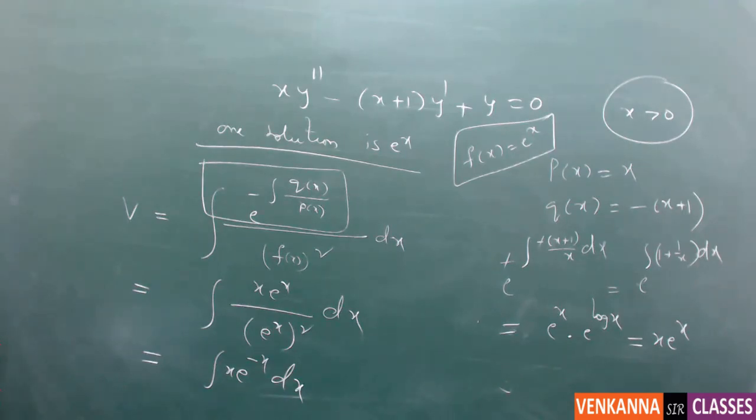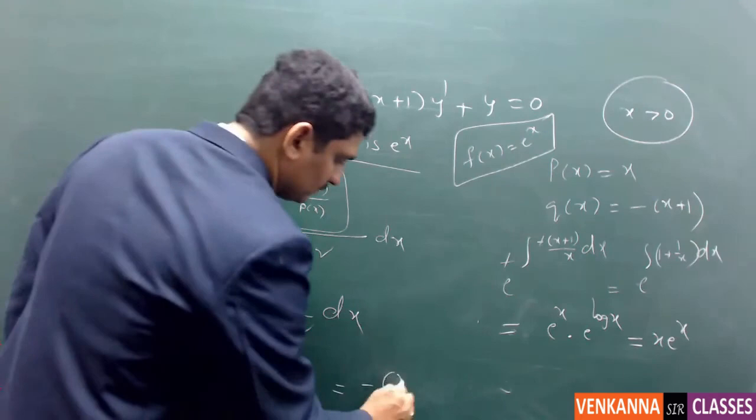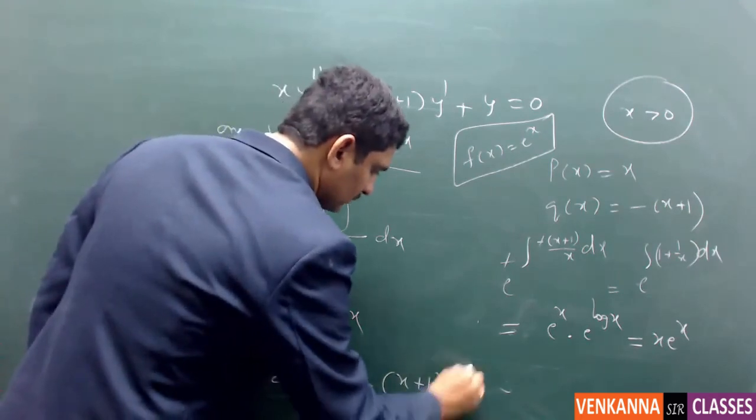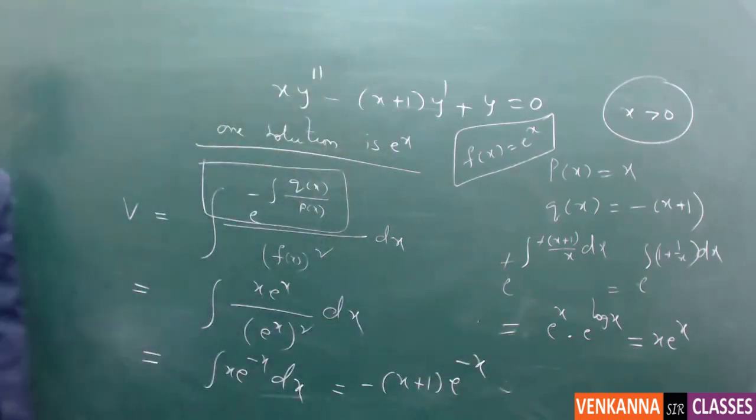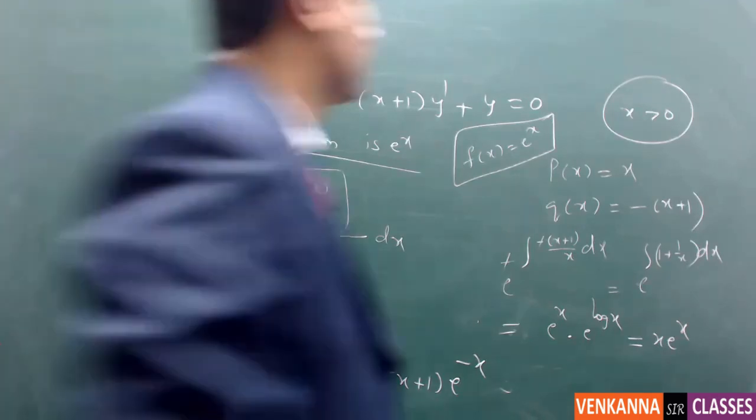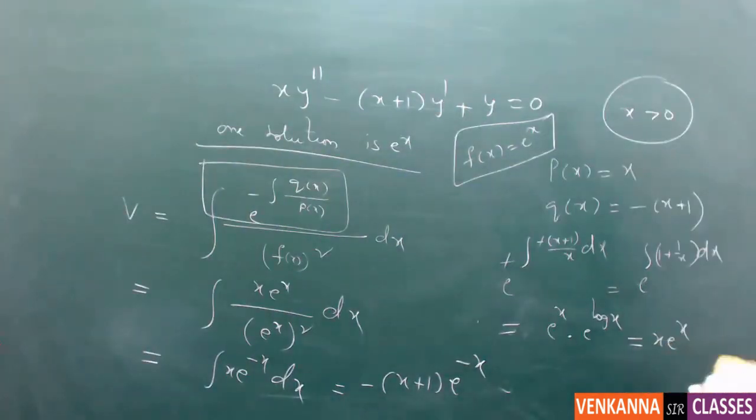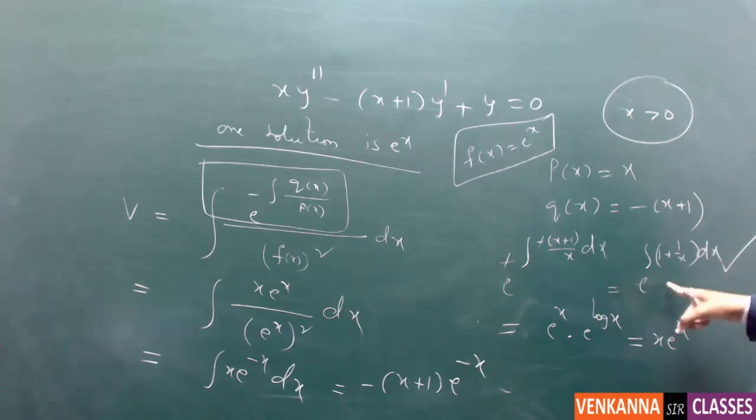Simplify the value, it is minus of x plus 1 into e power minus x. So do you accept this step, yes or no?